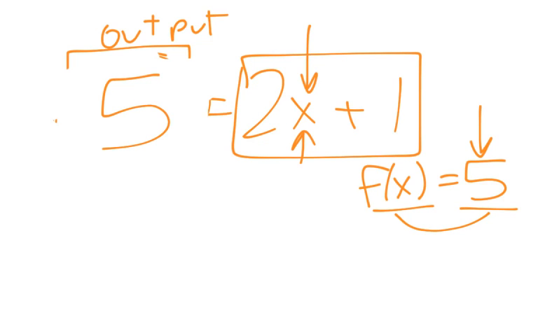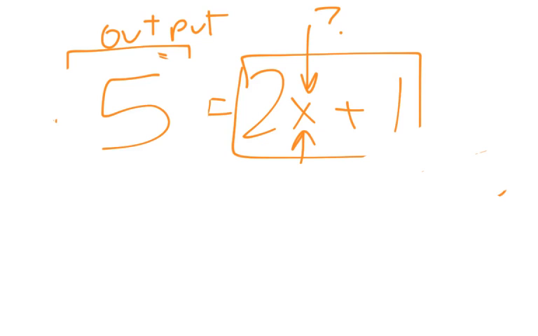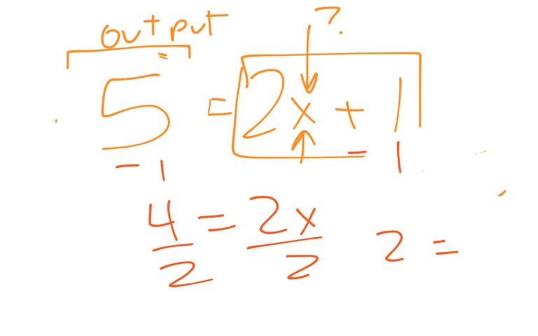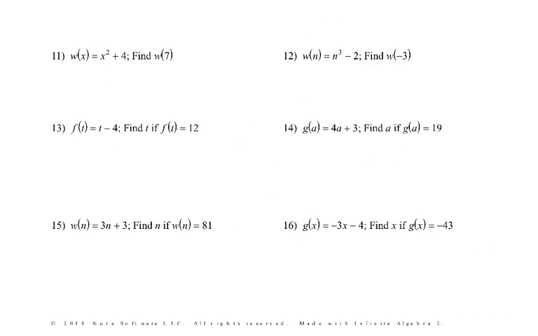And then what we want to do is find the input, because we're given the output of 5, so we want to know what input would make this work. So now we have to solve. I'd have to subtract 1 to give me 4 equals 2x, divide by 2, and get 2 equals x. Okay, so that's how we treat 13, 14, 15, and 16.